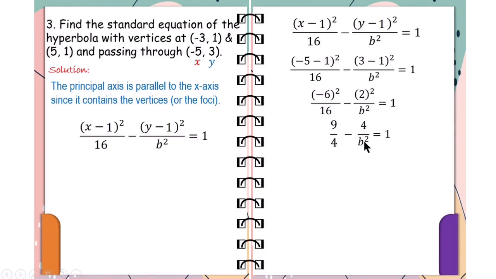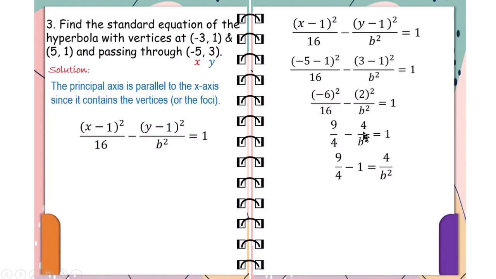On one side of the equation, the b squared term should be there. Since the value here is negative, we transpose -4 over b squared to the right side so that its sign becomes positive. And this 1 on the right side we transpose to the left side. Thus, we have 9 over 4 minus 1 equals 4 over b squared.